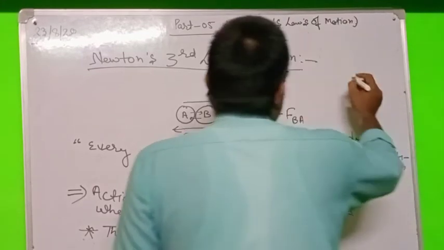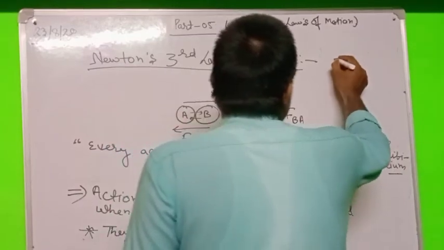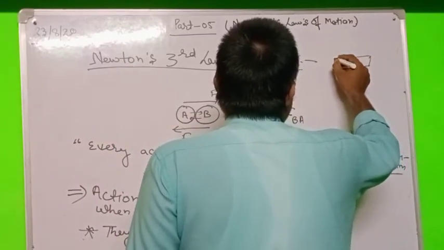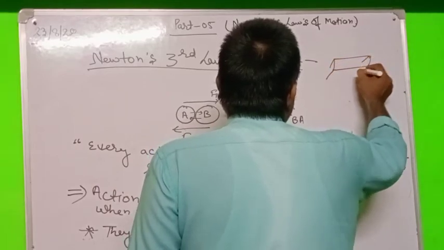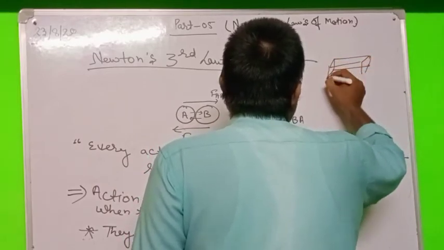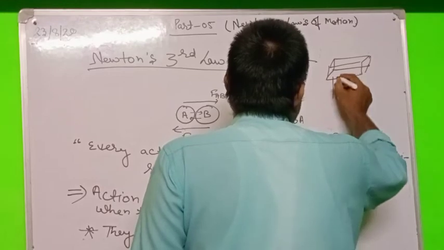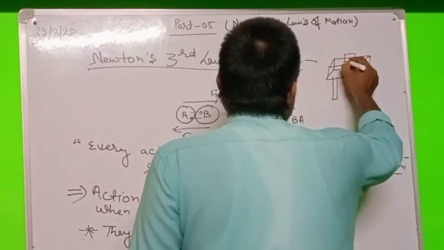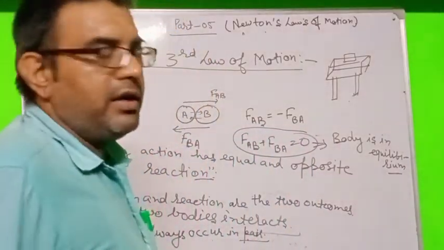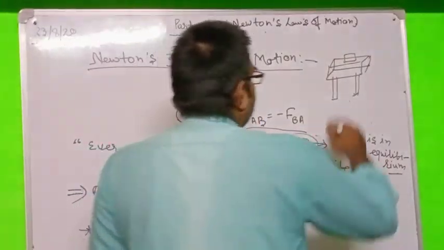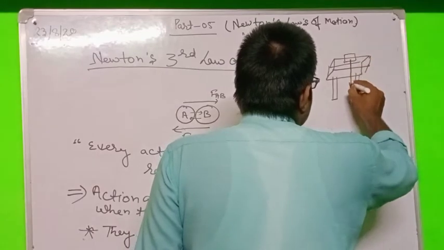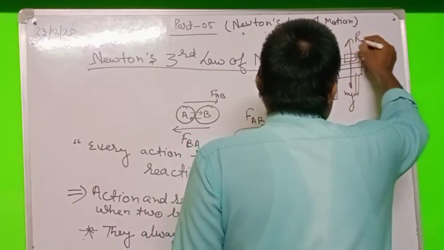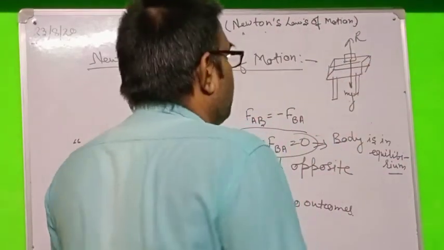Suppose I am taking an example. Suppose here is a table, a tabletop, and a book is kept on the tabletop. Then there is its weight mg and a normal reaction. So how does this normal reaction take place?